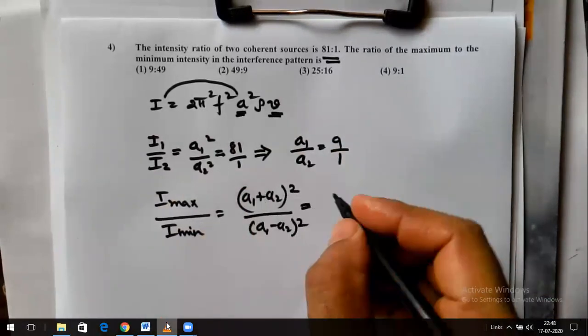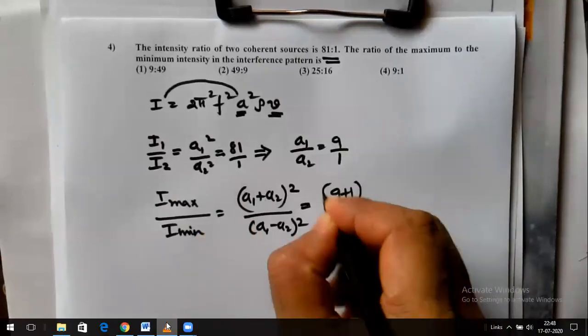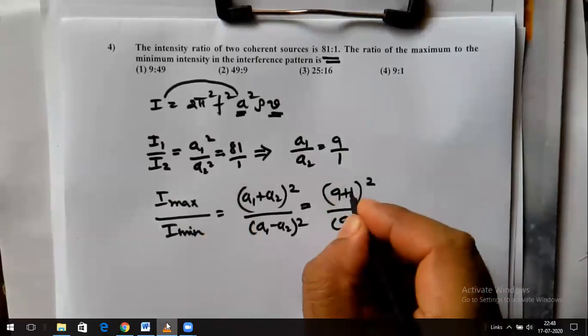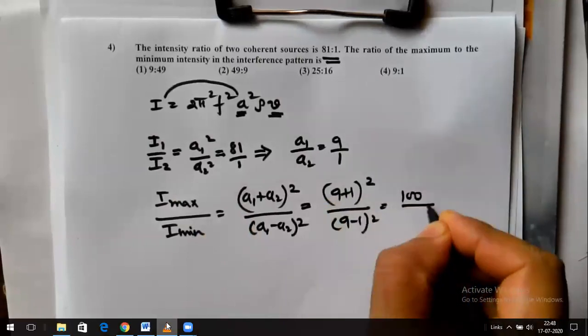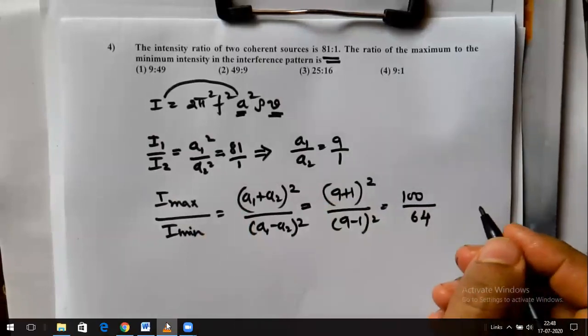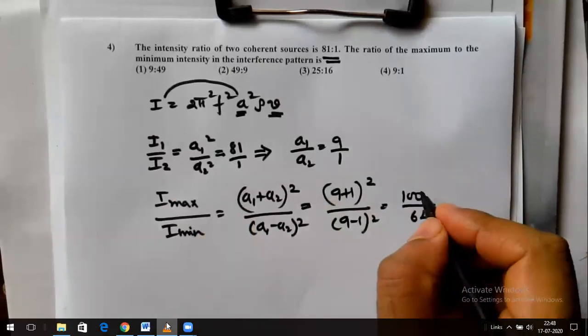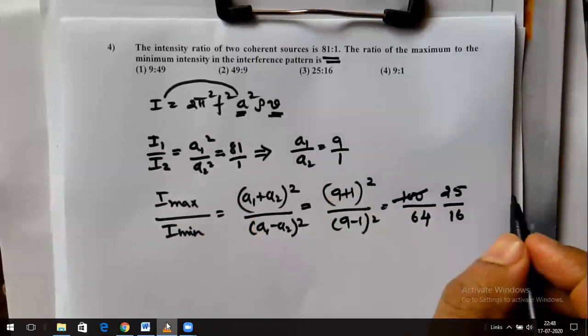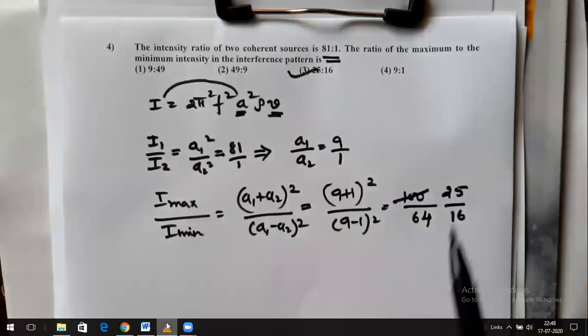So this is equal to (9 plus 1) whole square divided by (9 minus 1) whole square, which is 10 square, that is 100, over 8 square, that is 64, and this comes to 25 by 16, and the option is 3.